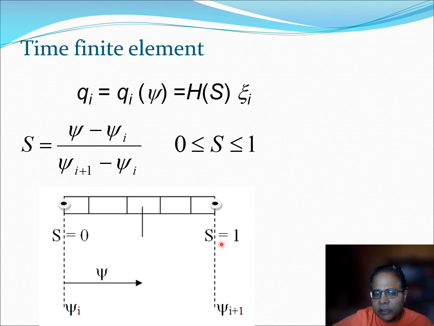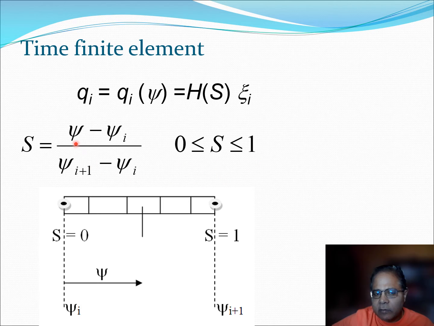s goes from 0 to 1, and s is basically time within this particular FE. So this is defined as psi minus psi I by psi I plus 1 minus psi I, and s you can see varies from 0 to 1.